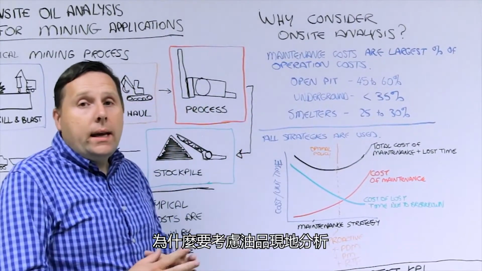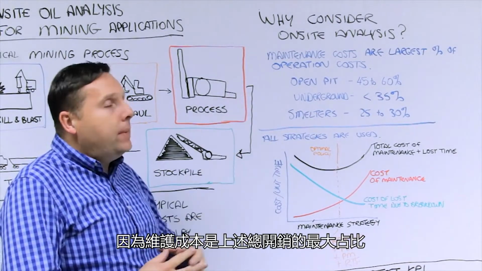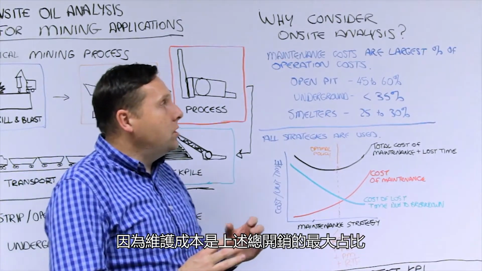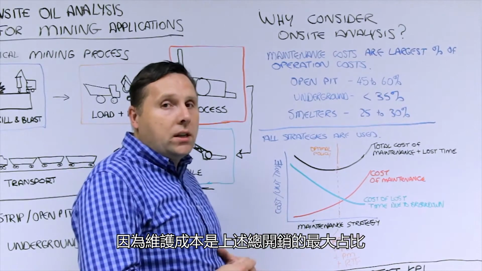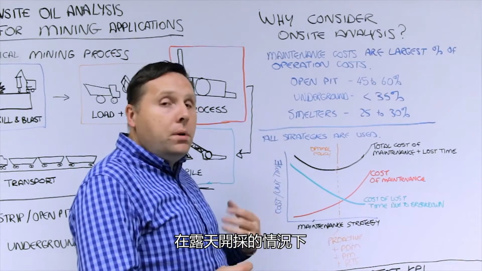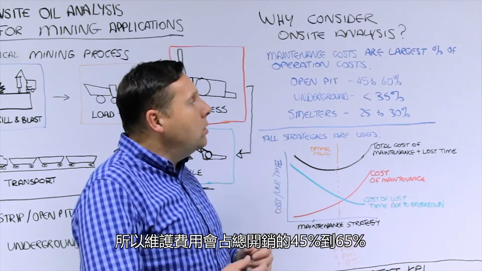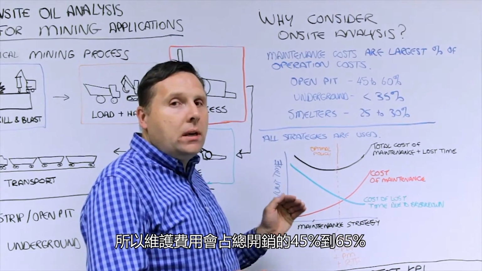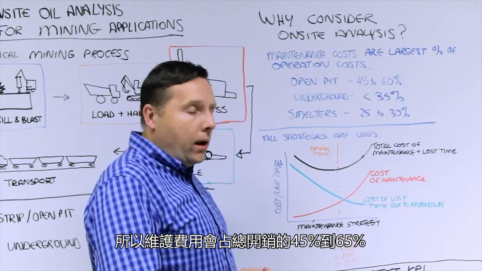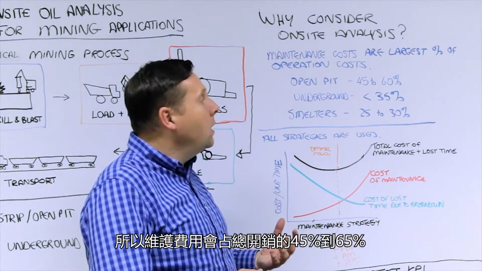Why consider on-site oil analysis? Well, as we said, maintenance costs are the largest percentage of those operation costs that we just described. So for open pit mining, because it's heavily intensive with capital equipment, you could be talking between 45 and 60% of the cost of extraction is maintenance costs.